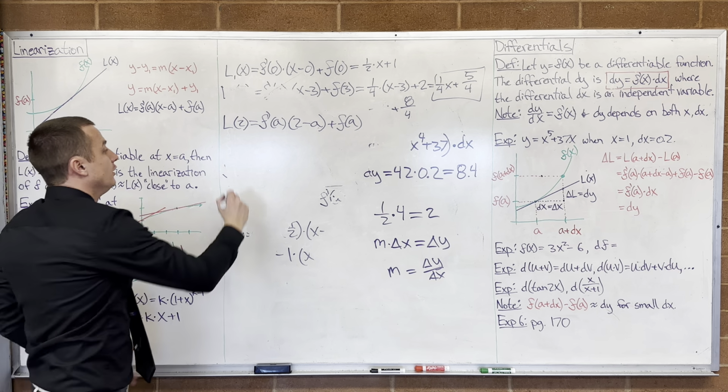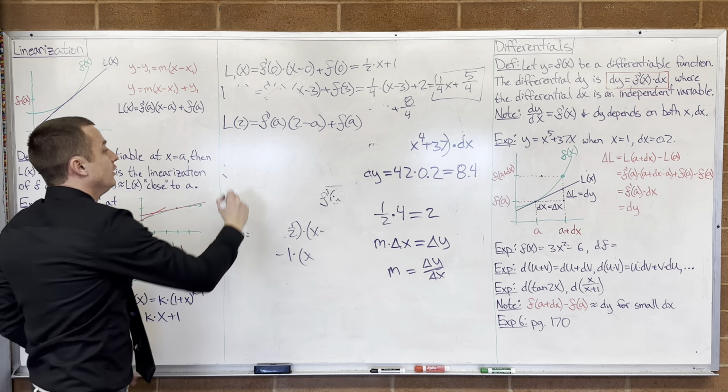Just plug in a for x. Replace all your x's with a's. There's only one x. A minus a is 0, times that is 0, plus f of a. So when it's all said and done, we just get an f of a here.